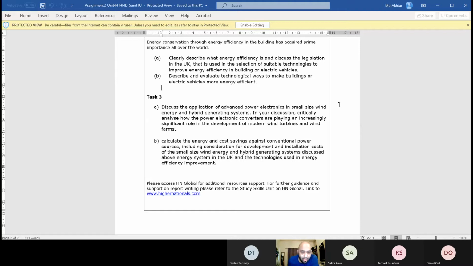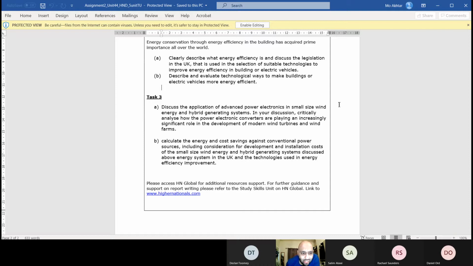Task 3. Discuss the application of advanced power electronics to small size wind energy and hybrid generating systems. So what you've got to do is talk about how power electronics is used in wind energy and hybrid generating systems. I'll put some of that on Teams for you. There's also a PowerPoint I'll put on for you, talking about this in more detail.